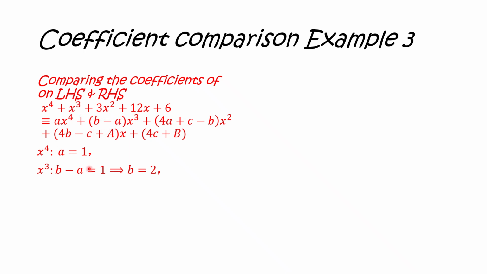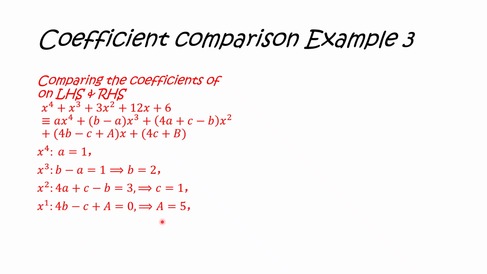Then for x cubed, b minus a is equal to 1. Substituting for a is equal to 1, it means that b is equal to 2. For x squared, 4a plus c minus b is equal to 3. Substituting for a, that was 1, and b, that was 2, our c becomes 1. So now moving on to the coefficient of x, 4b minus c plus capital A is equal to 0.